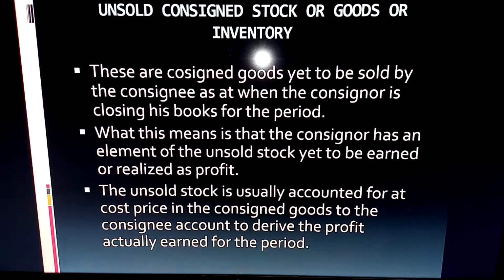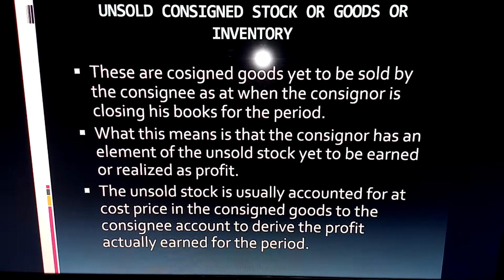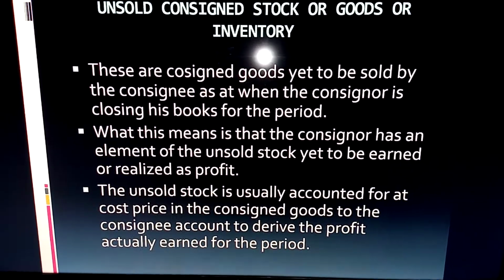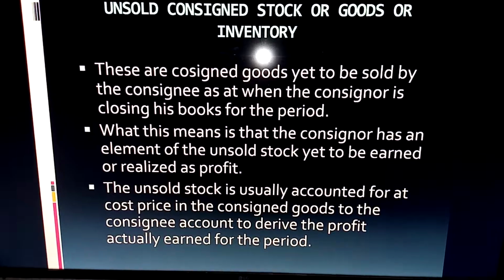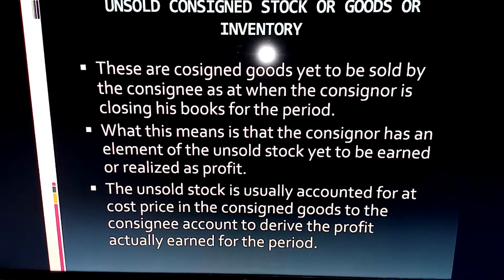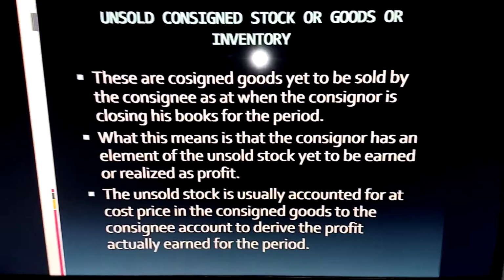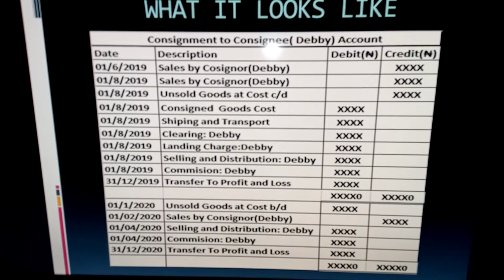So to repeat that again, where you have unsold goods on consignment, what we do is to adjust for it so that we do not capture or recognize unrealized profit on the stock, and then we adjust for that in the goods consigned to the consignee's account.